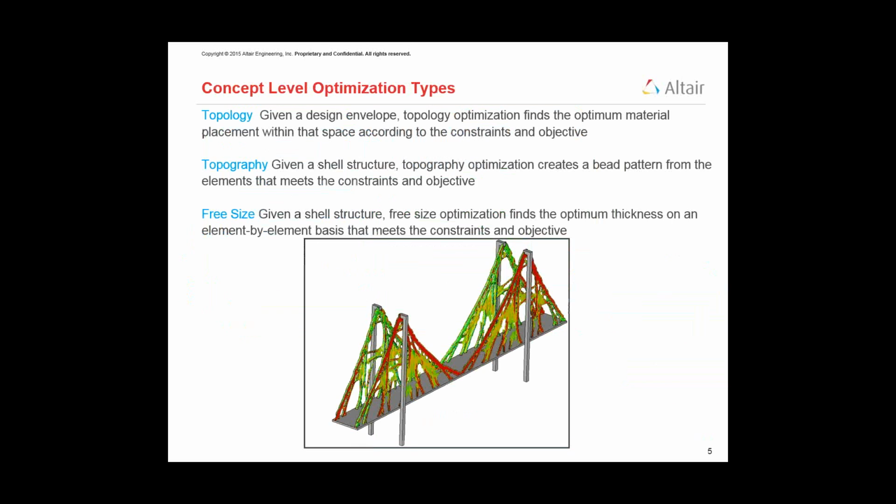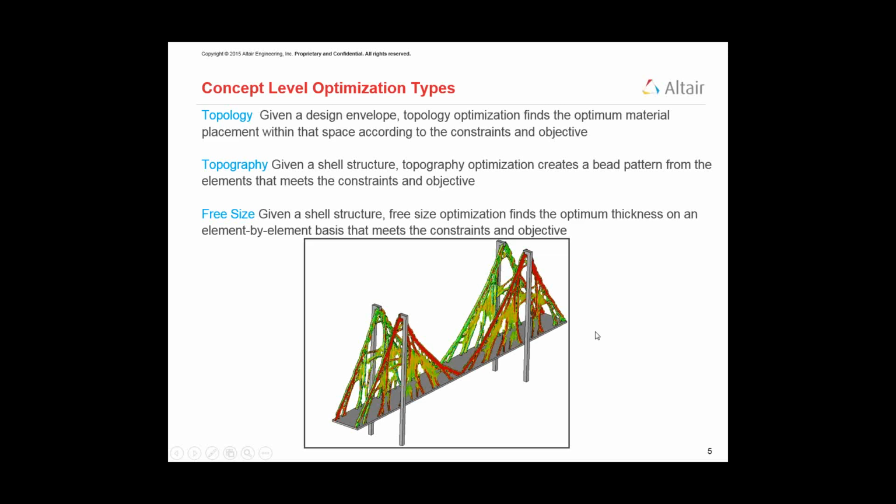So this is just a slide giving you a definition for each one of the different optimizations. I'm not going to repeat these. I've talked about them already. In a lot of ways, the reason I include this is because I love this optimization that was done on this bridge. This was done many years ago by one of our application engineers, and essentially allowed OptiStruct to design a bridge for them.